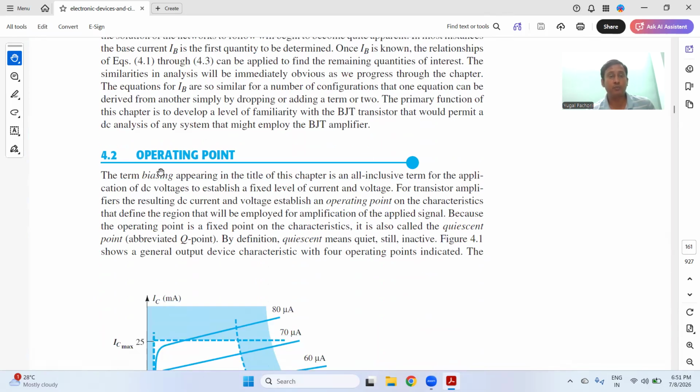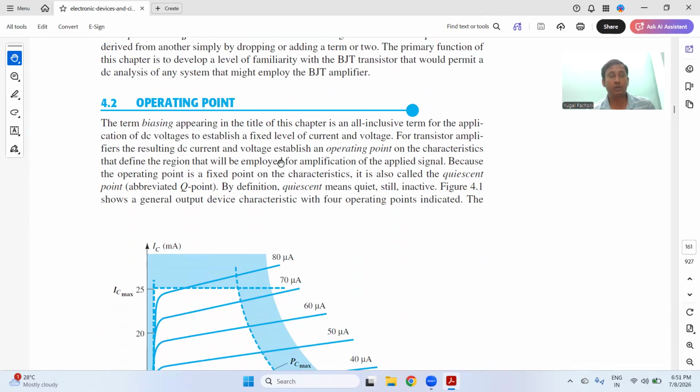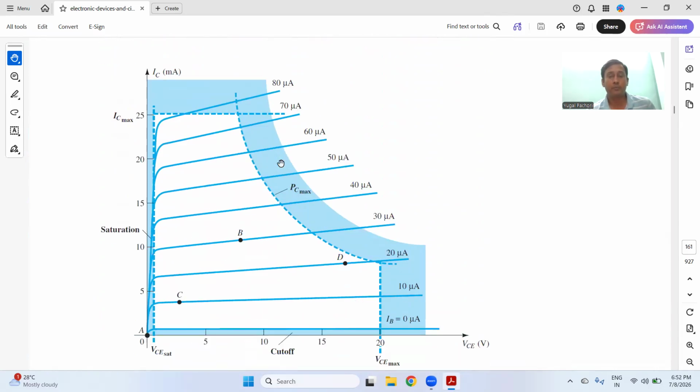Operating point: in the previous videos, I have already told you what the operating point is. The operating point is a combination of a graph between VCE, the output voltage, and the output current ICE. The point where these two meet is called the operating point. For example, if I draw a line like this, this is VCE, this is ICE.